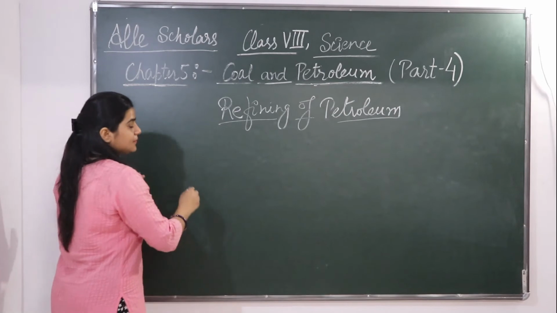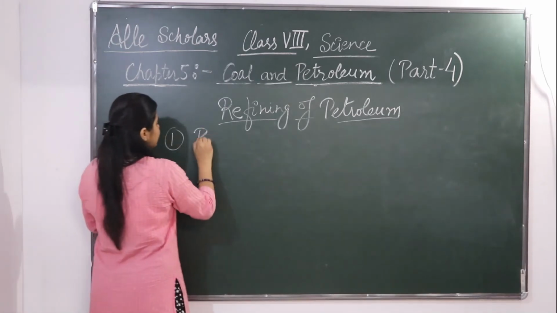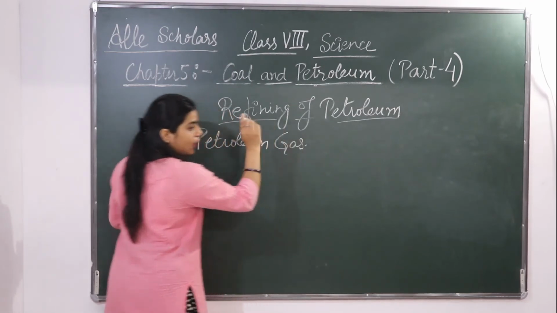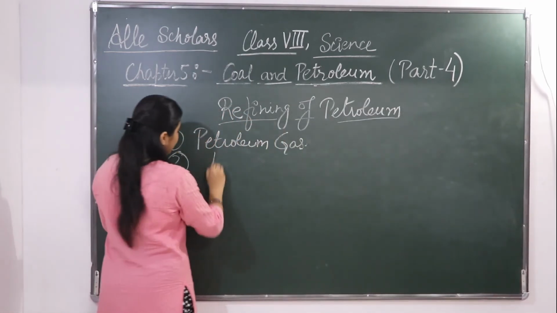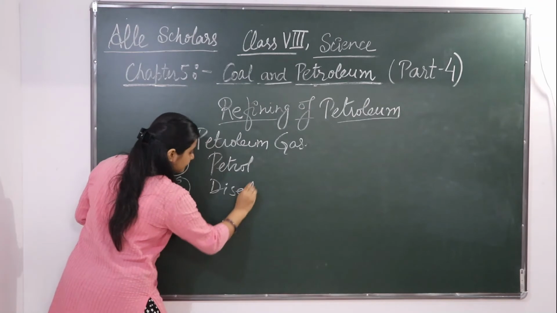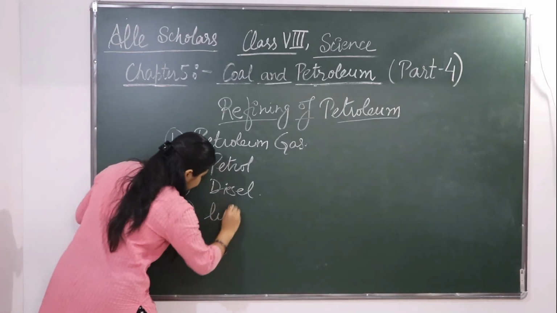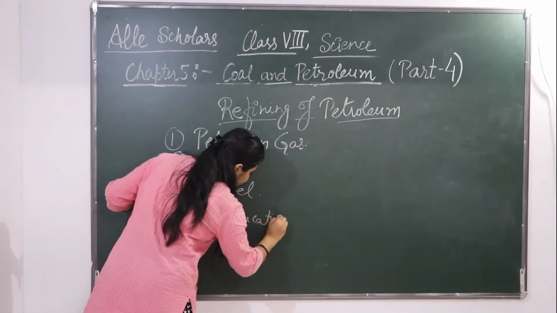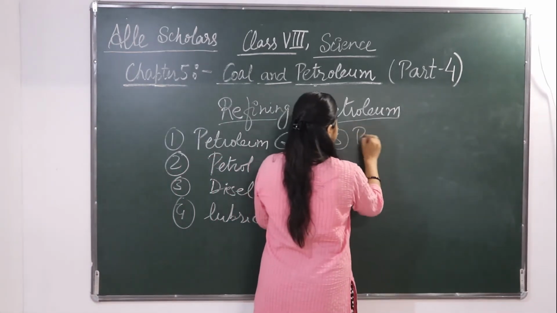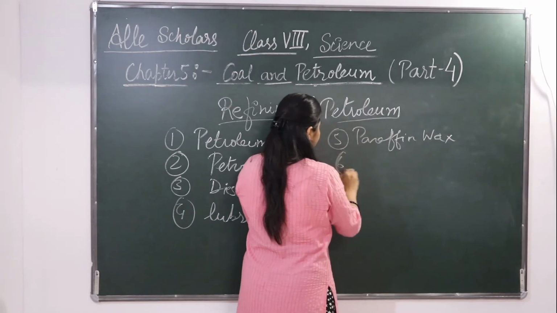Okay, so it's a mixture of what? So many things are being mixed, like petroleum gas is there. Okay, then petrol is there, diesel is there, and lubricating oil, okay, paraffin wax is there, fine.